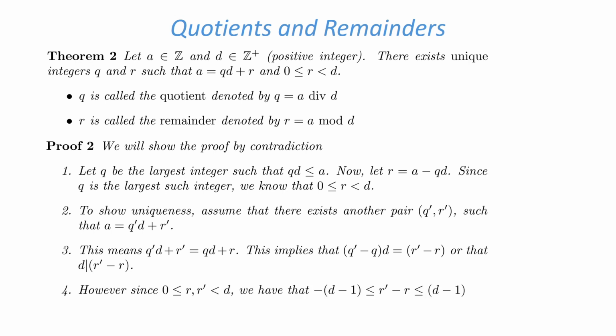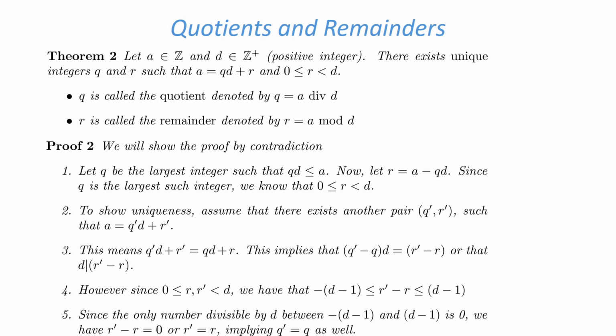However, we know that r and r prime both lie between 0 and d, 0 included. And from this, we have that r prime minus r must lie between negative d minus 1 and positive d minus 1, both included.